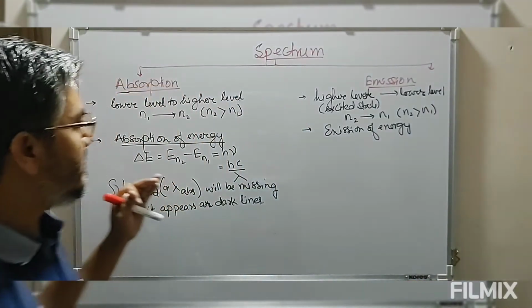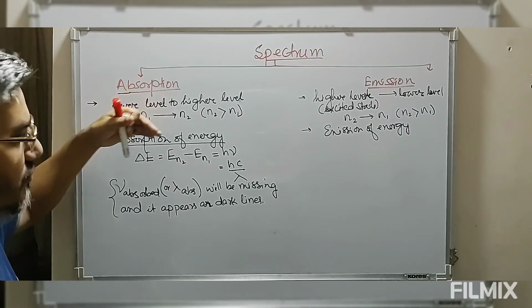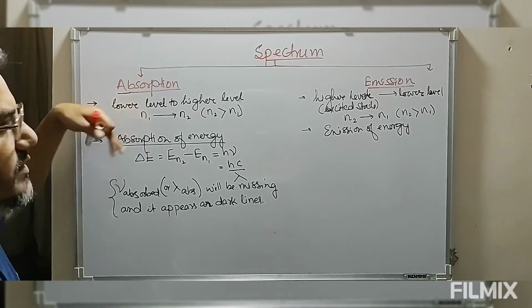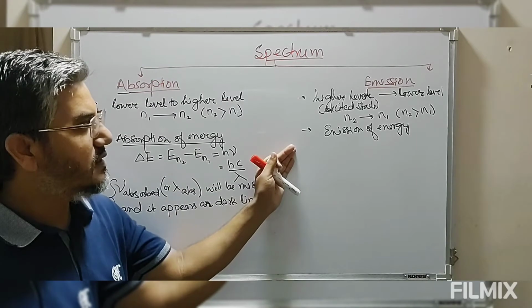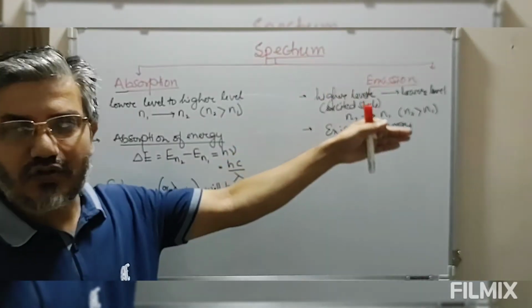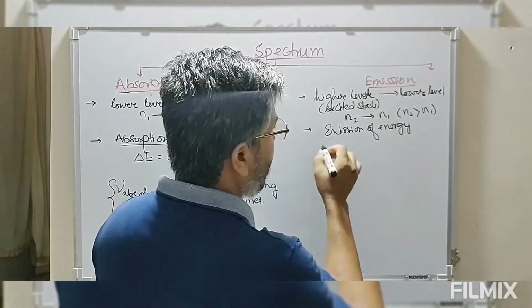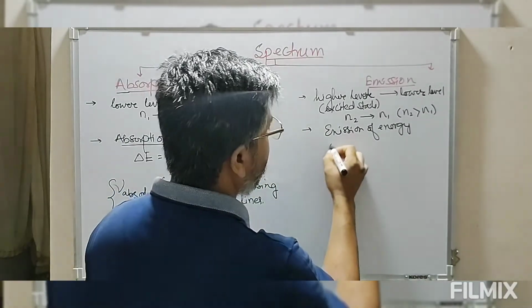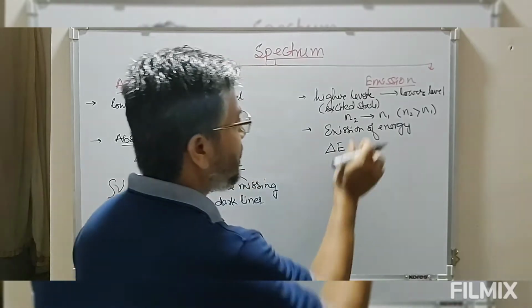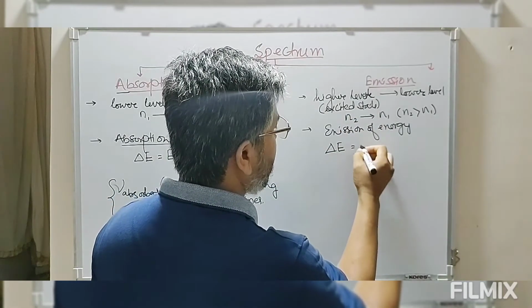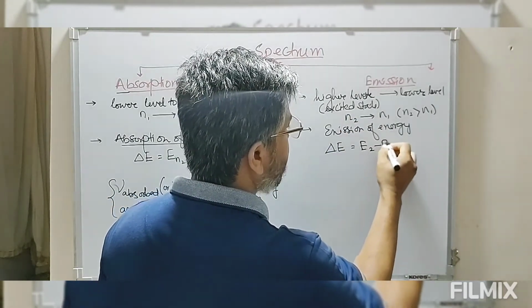So in the first case, energy was absorbed because the electron is transferring from the lower level to the higher level. In the second case, the electron is coming from the higher level to the lower level, so energy is emitted or released. Now, how much energy will be released is again equivalent to the difference between these energy levels. So this is equal to E2 minus E1.